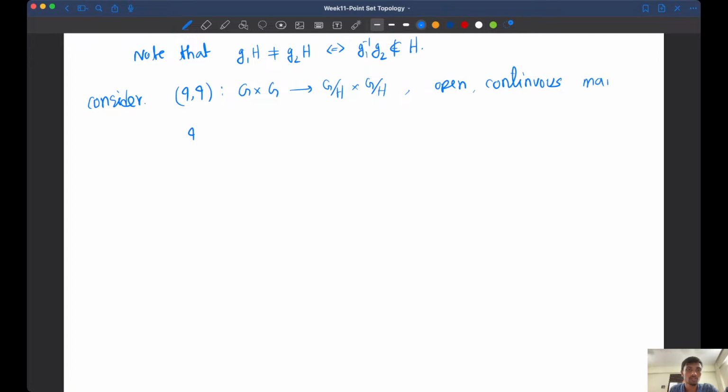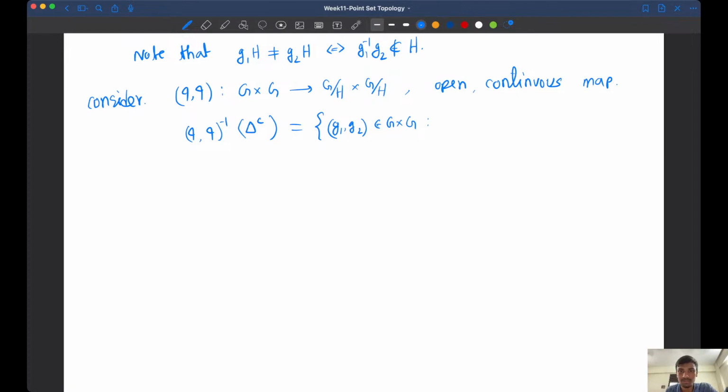Now we consider Q comma Q inverse of this delta complement. So what does it consist of? It consists of all those G1 comma G2 belonging to G cross G such that if you map them under those maps, they do not belong to delta.